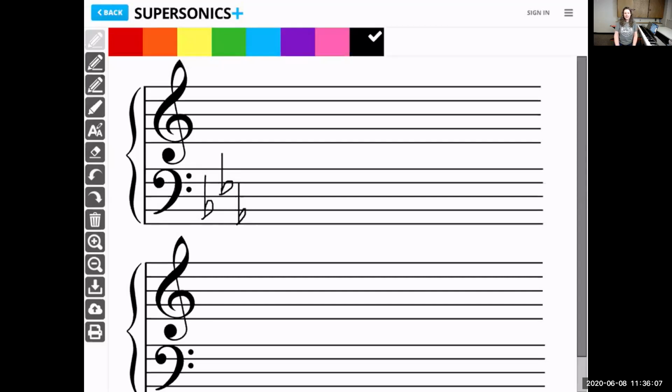So again, you should know this particular key signature, and if you know your keys and scales, you know that E flat is the major key. So now we have to find the minor key. So I'm starting on an E flat.